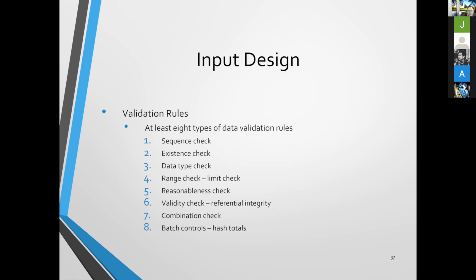Or the salutation is Mr. but for gender you choose female, that is wrong already. This is non-reasonable. You have to let the users know that they entered the value wrongly.